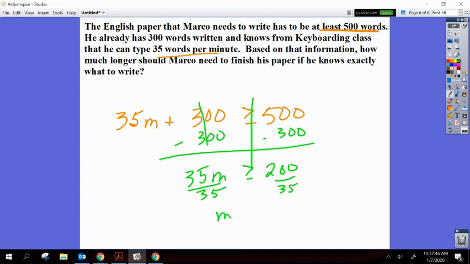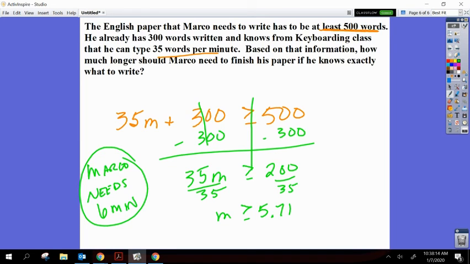So we have m is greater than or equal to 200 divided by 35 is 5.71 if we round it. So technically, it wouldn't take 5 minutes. You get a 0.71 of a minute, but since we're writing, let's say Marco needs only 6 minutes to type that. It doesn't seem that difficult.